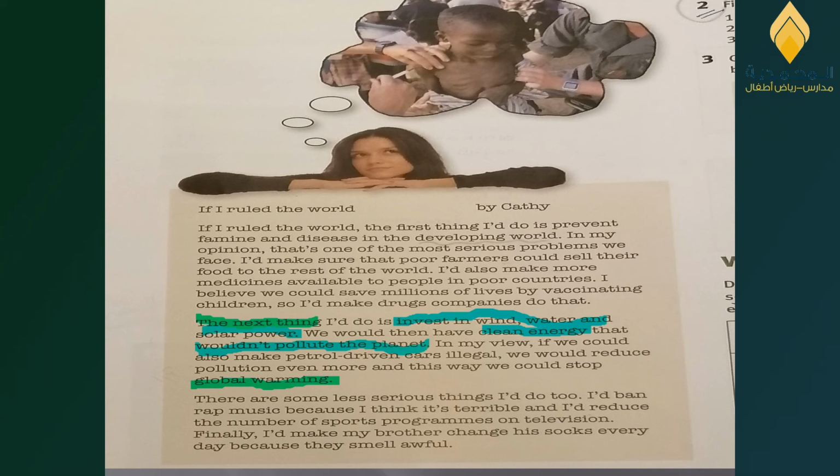The second suggestion, in order to solve the problem in her own point of view, was to make petrol-driven cars illegal. So this is how she would reduce pollution. As you can see in this paragraph, she only mentioned one global issue, which is global warming, and gave two different solutions. This is all for paragraph number 2.